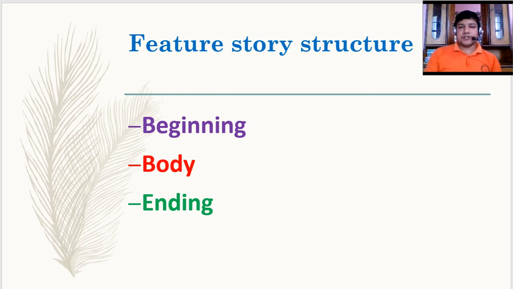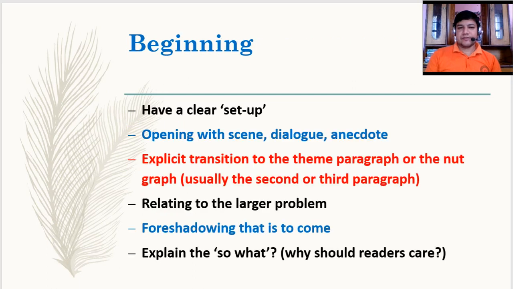A good feature story or a newspaper article consists of three parts. It has a good beginning, a good lead paragraph, then the body paragraph, which is the elaboration of the lead, and a concluding paragraph, which is also called the ending paragraph.